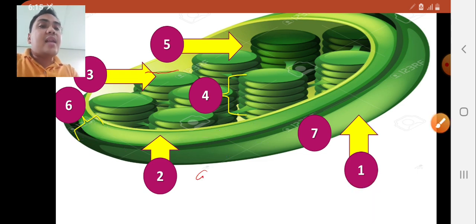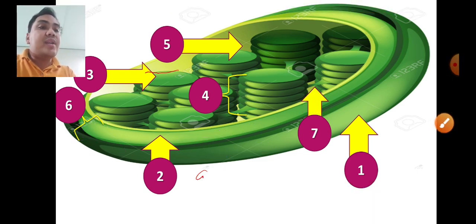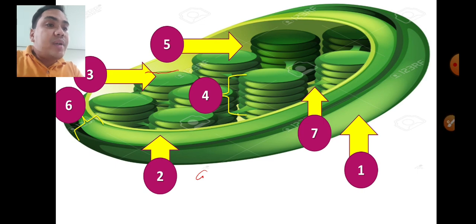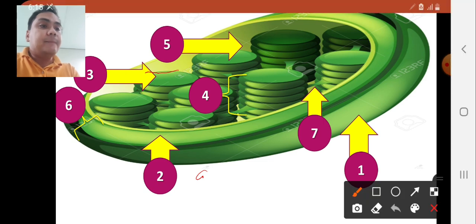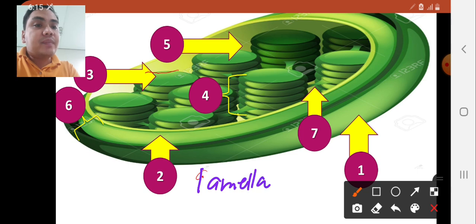Last but not least, we have number 7, which refers to the lamella. Let's shade the lamellas. These are the lamellas.